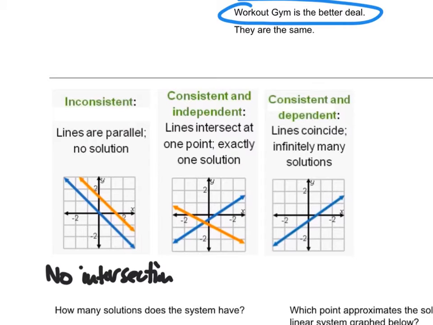This is what will typically happen. And if you have consistent and dependent, that means you have the exact same line and you have infinitely many solutions, so you're always intersecting. So no intersection, one intersection, and then always intersecting.